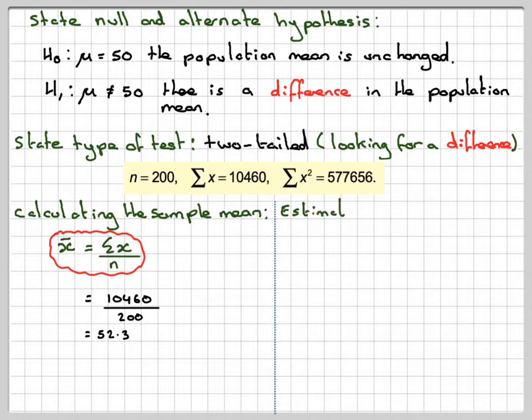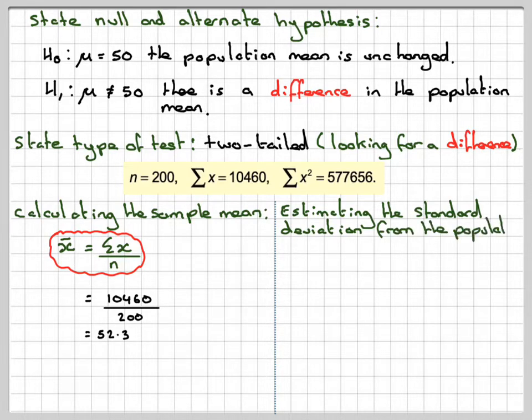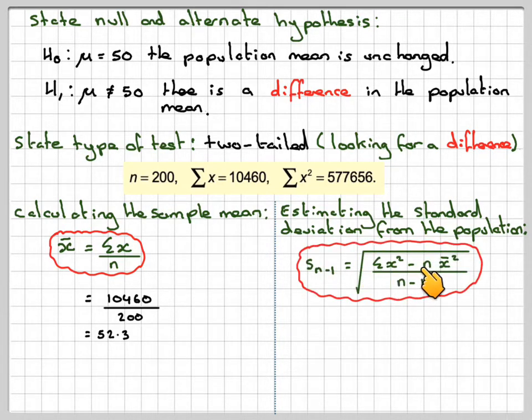The important thing is that we will have to estimate the standard deviation from the sample. So normally we call this s(n-1), that's going to be the square root of sigma x squared minus n times x bar squared, divided by the sample size minus 1.